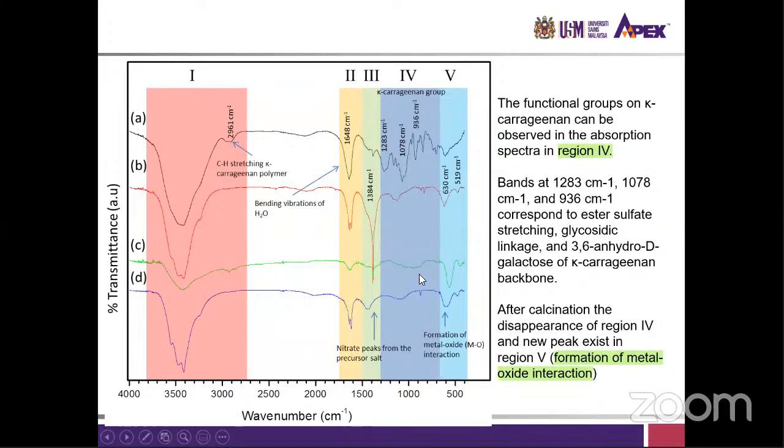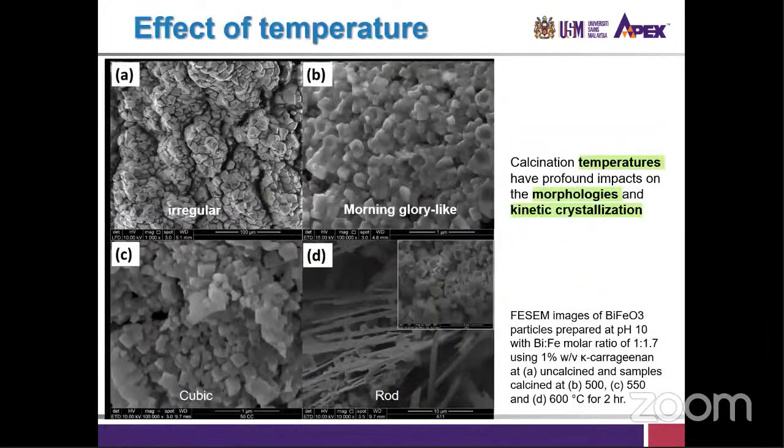But after calcination, you can see the disappearance of this backbone, and a new peak exists at region 5 here, the formation of the metal oxide interactions.